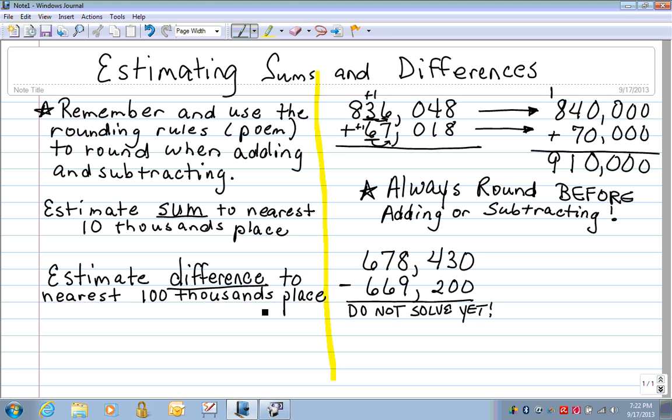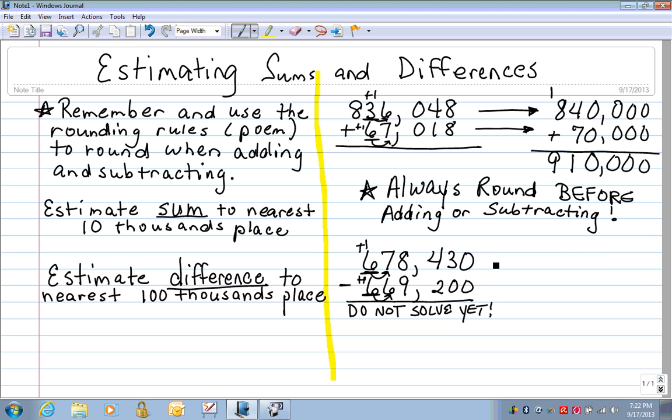You round first. To the 100,000s place, we will find our 100,000s place. We will look next door. They are both 5 or greater, so we will add one more.